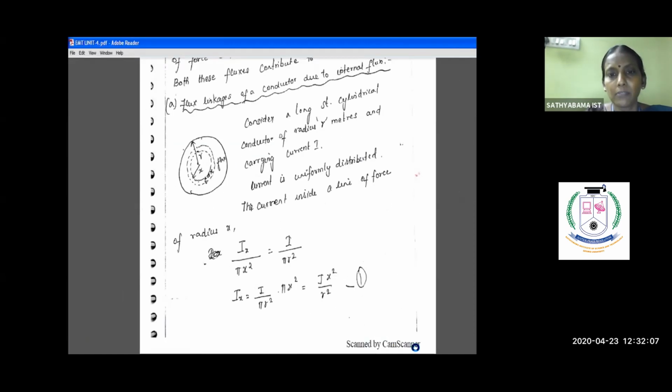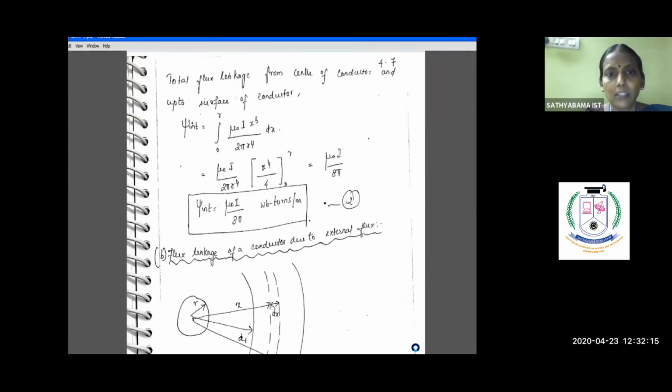And you know, from the diagram, x can be from 0 to r here. So you just substitute the limit to be 0 to r. When you integrate it, x cube becomes x power 4 by 4. By substituting the limit r, we end up with mu naught I by 8 pi. So this is the flux linkage of the internal flux.